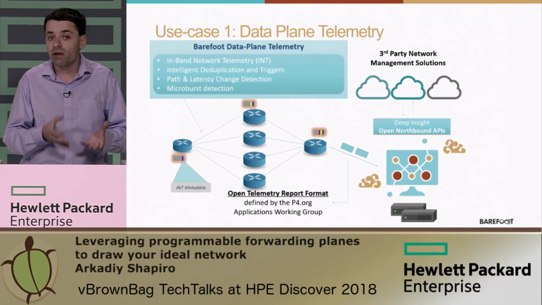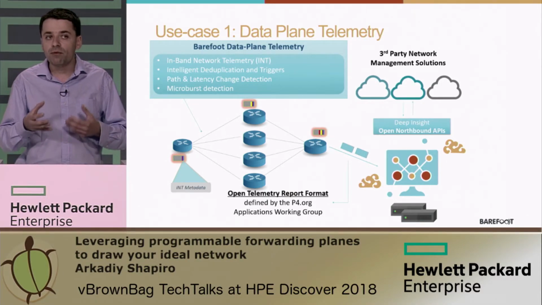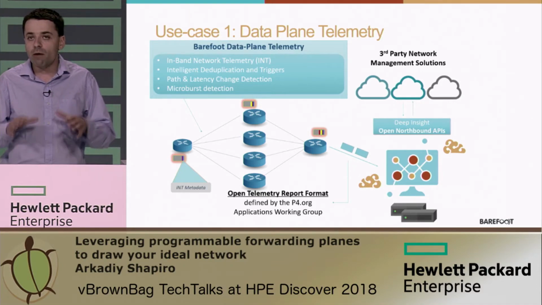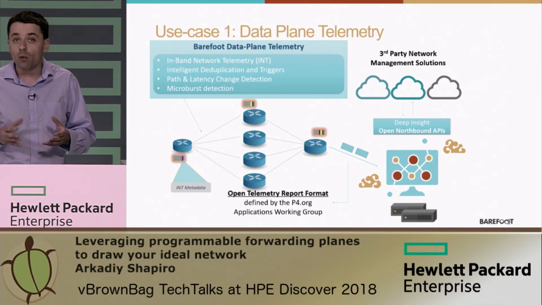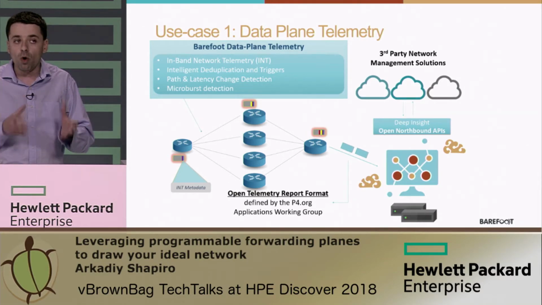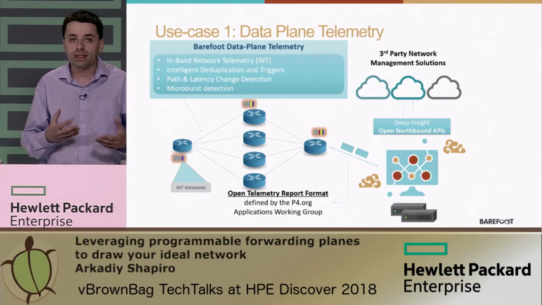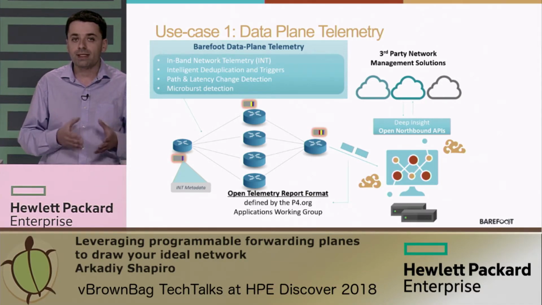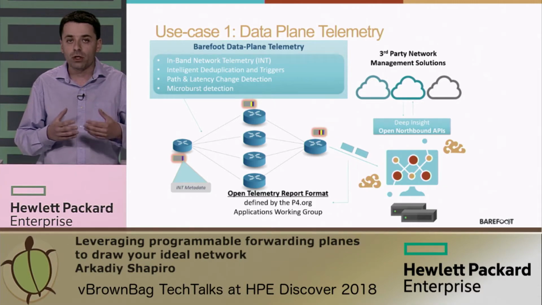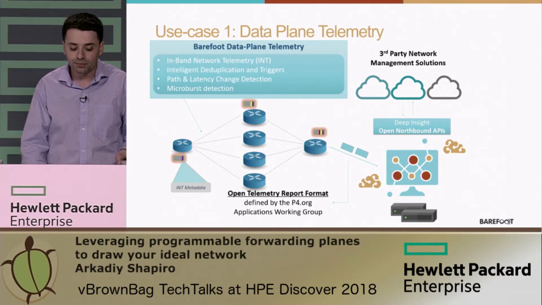Because of the programmability, they're able to customize what type of data they're getting, right? And with our reference P4 program, we're giving them an example of how to do that. And then either end customers or the network and system vendors can take it from there and perhaps add their own extensions and do things as they see fit for the specific use cases that they're trying to target. Okay?